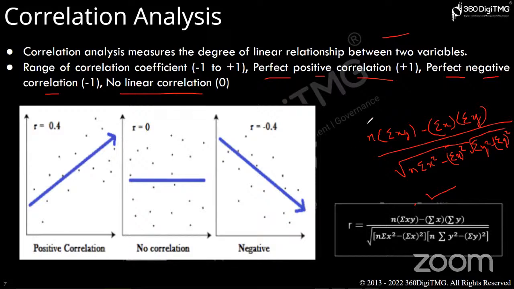If we see this clearly, this is related to covariance also. So correlation we can say is covariance divided by sigma x and sigma y, the standard deviation of x and the standard deviation of y. This is the relation between correlation and covariance.